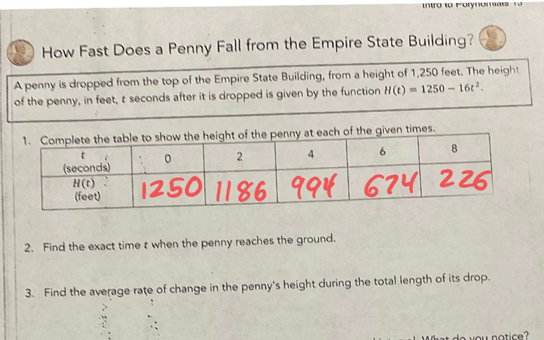Now let's all click second window, which is table set. Make sure our table start is 0 and our delta table is 1. Then second graph.